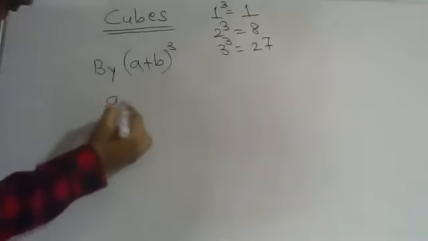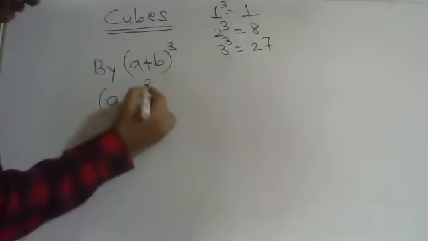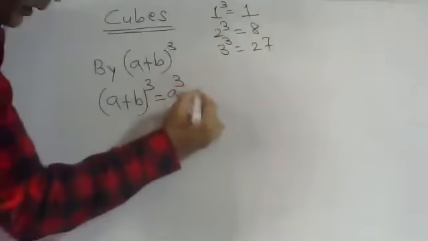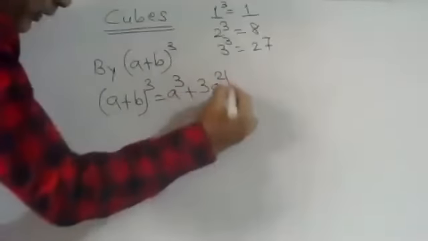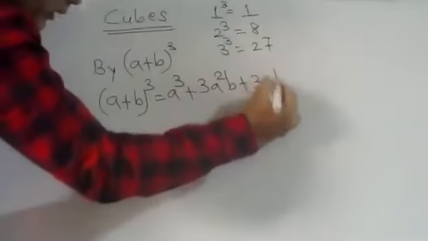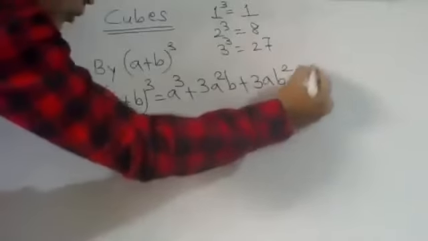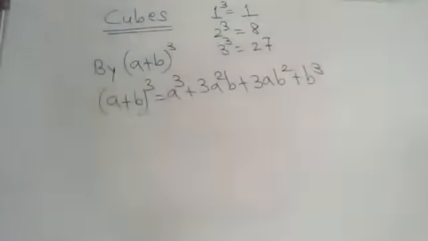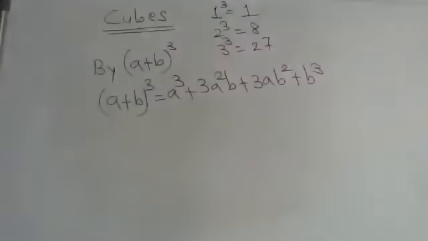What is (a plus b) cube? (a plus b) cube is a cube plus 3a square b plus 3ab square plus b cube. Before that, you must know cubes from 1 to 10 at least.